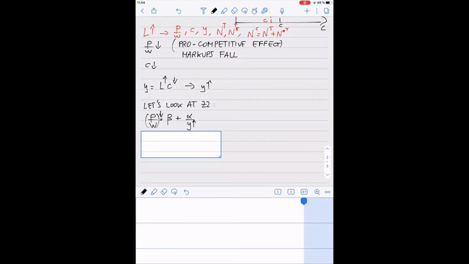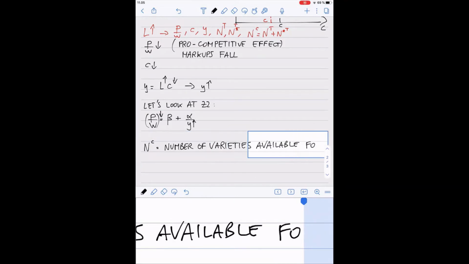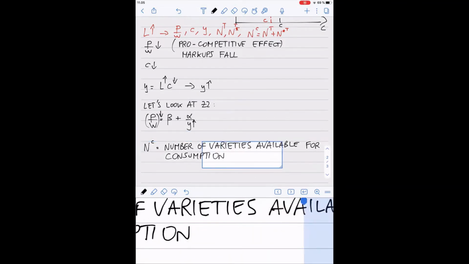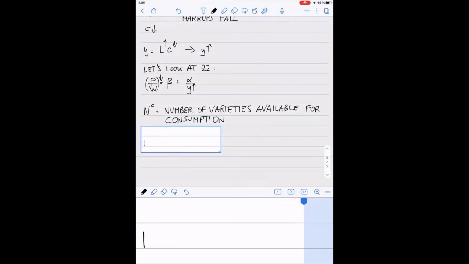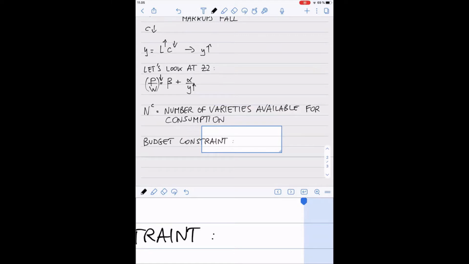So first of all, let's look at the total number of varieties available for consumption. So let me write here again, this is the number of varieties. To see how that varies, we can look, for instance, at the budget constraint. What is the budget constraint?